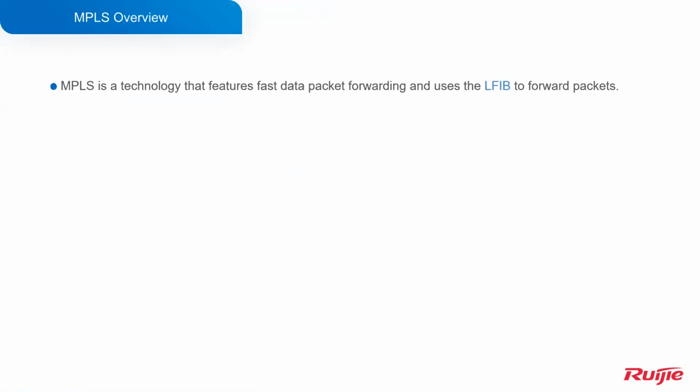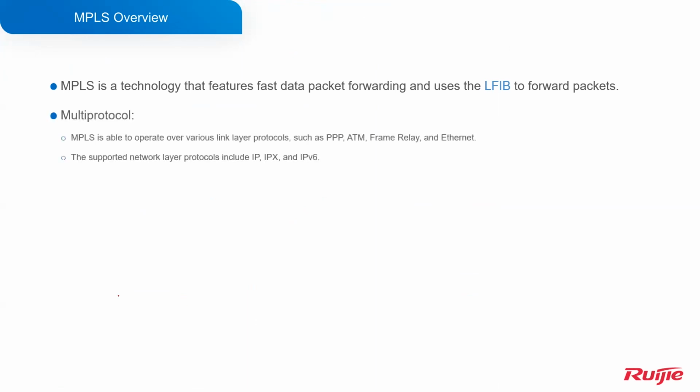If we use MPLS, it is a technology that features fast data packet forwarding and uses the LFIB to forward the message. In this table, we only forward the message according to the exact entry. The full name is multiprotocol label switching, and multiprotocol means MPLS is able to operate over various link layer protocols.